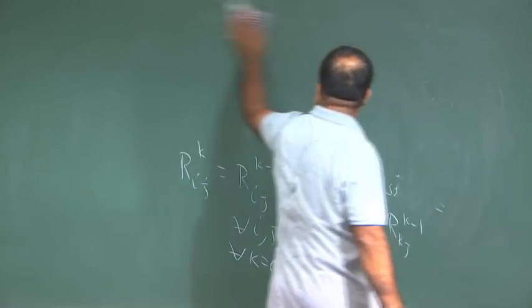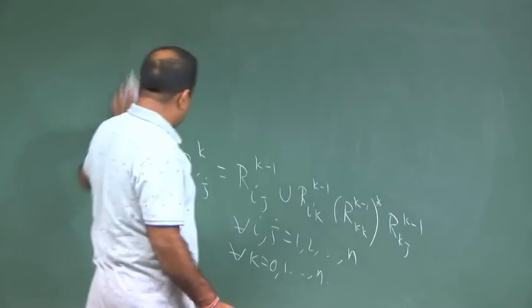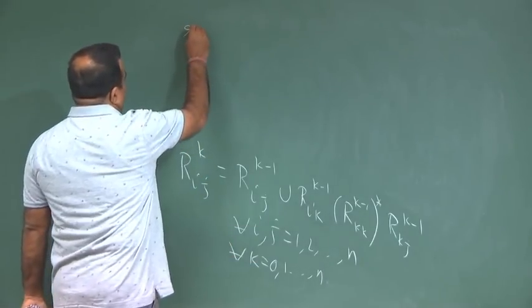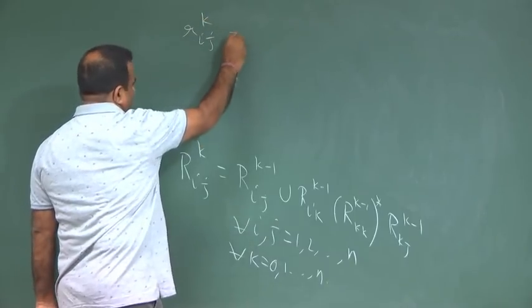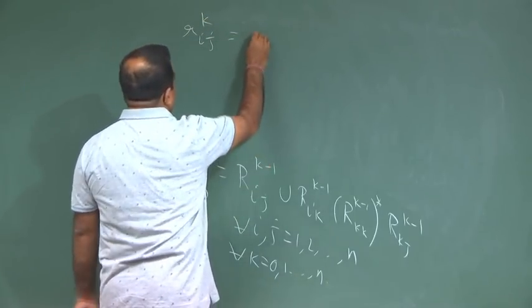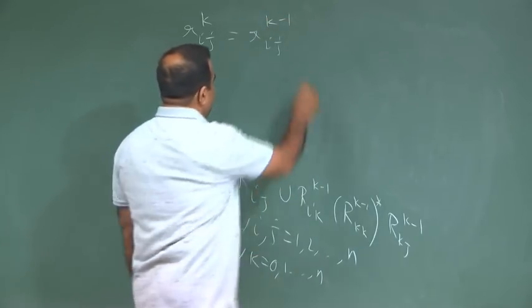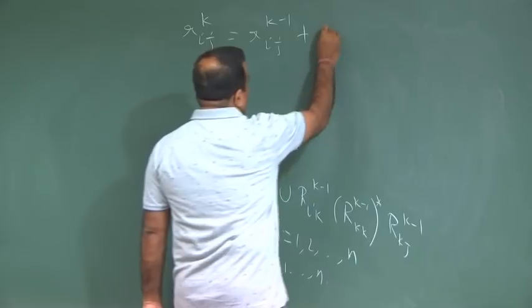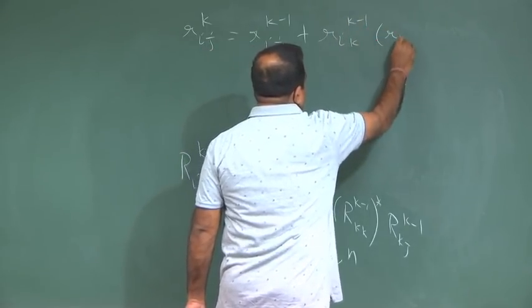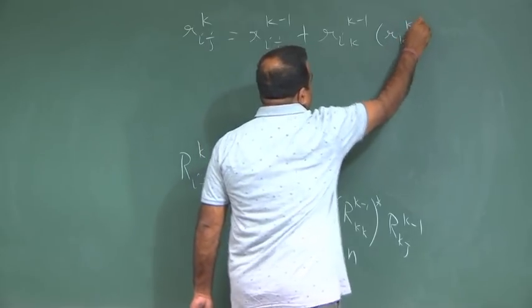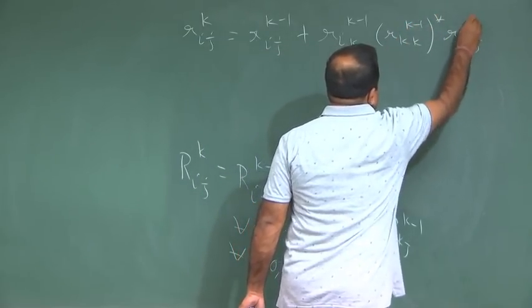constructed the regular expression like this. R_ij^k is nothing but R_ij^(k-1) plus R_ik^(k-1) R_kk^(k-1)* R_kj^(k-1).